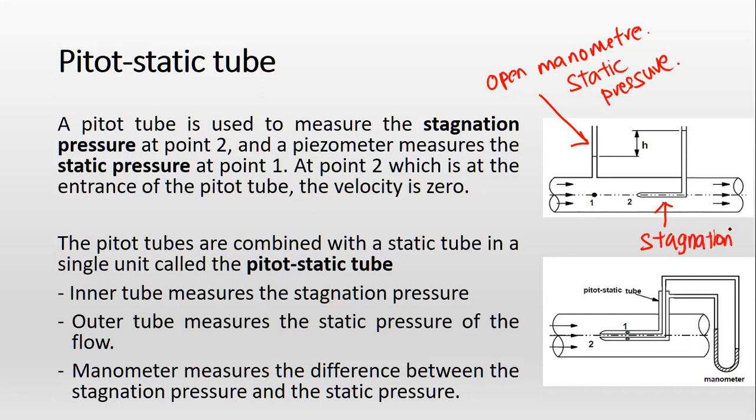So what is actually the difference? If you talk about pressure, from our Bernoulli equation, pressure actually consists of two parts. One is the static pressure, and the other part is the dynamic pressure.